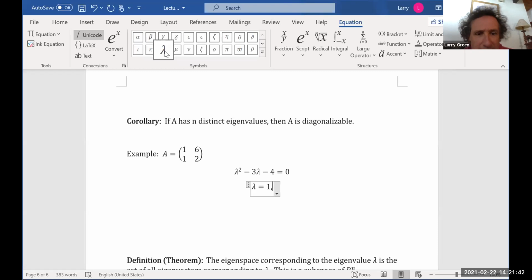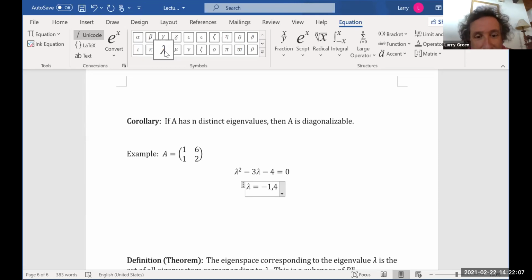Is that right? Let's see. Lambda minus 4. So it's -1, comma, 4, right? Any questions on that? Okay, so if I did everything right, then that does work.